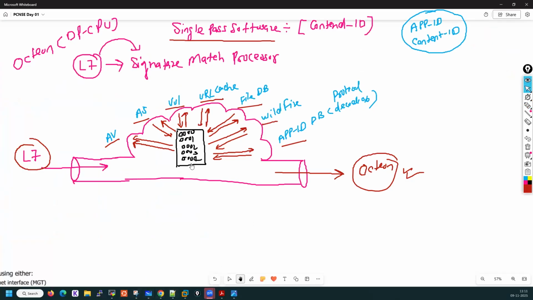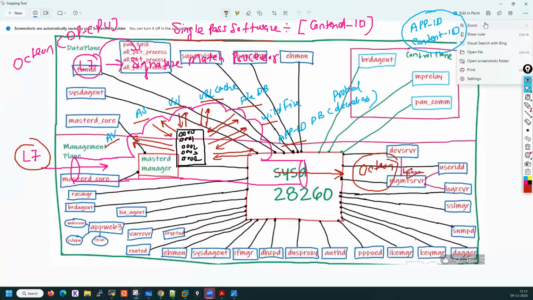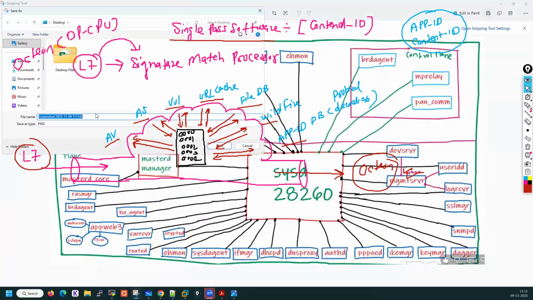Just give me a second. Let me save this. Daemon architecture.